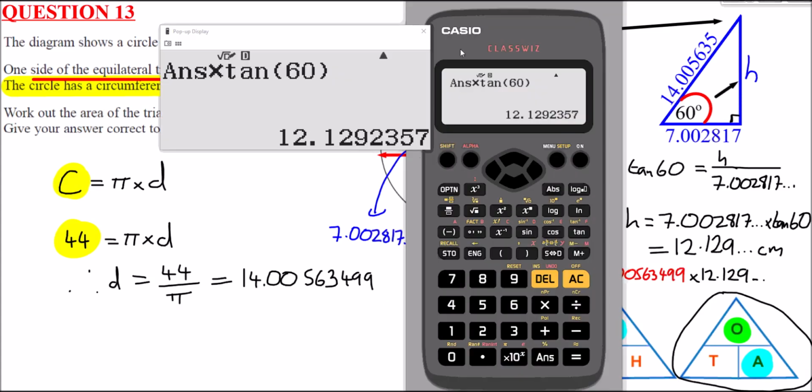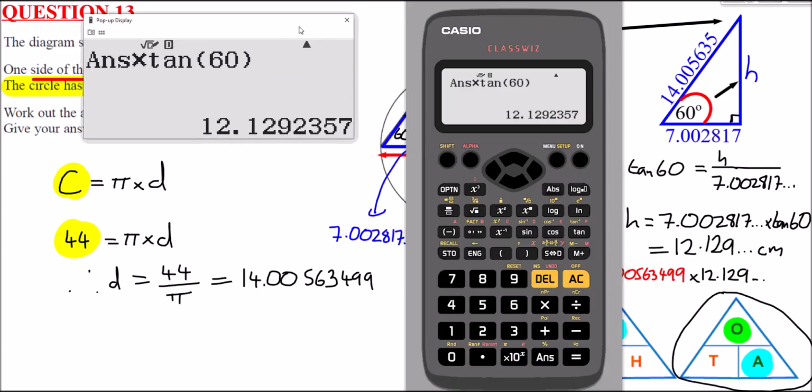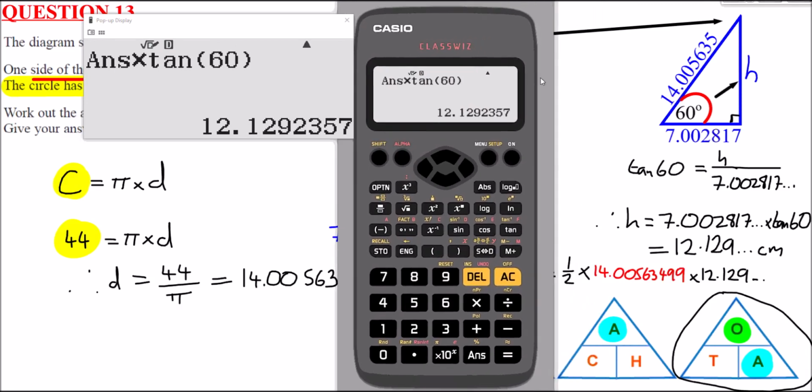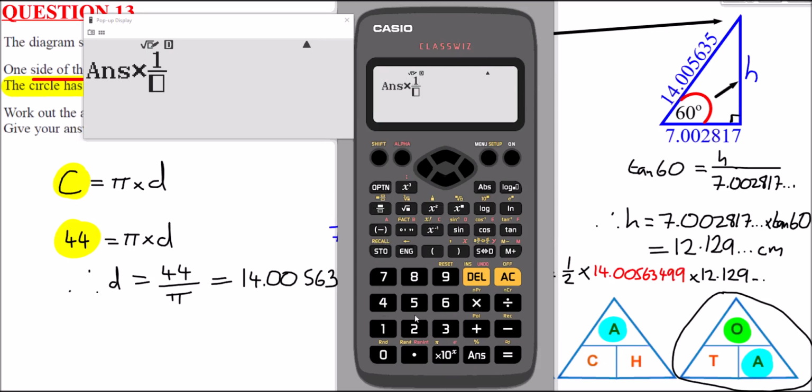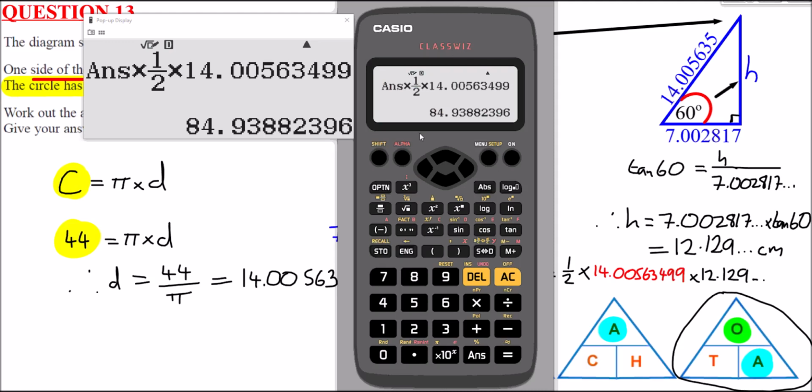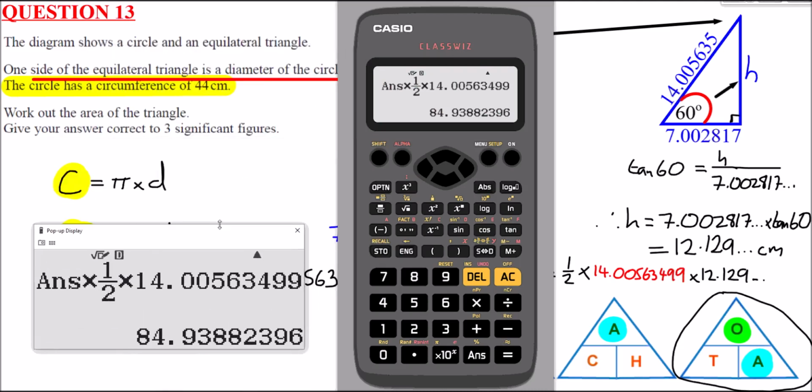So we've got this 12.129 stored in the calculator, like so. So I just need to multiply this by a half and the 14.00563. So times that by a half and multiply by 14.00563,499. Press equals. So now I've got an answer which I can now round.